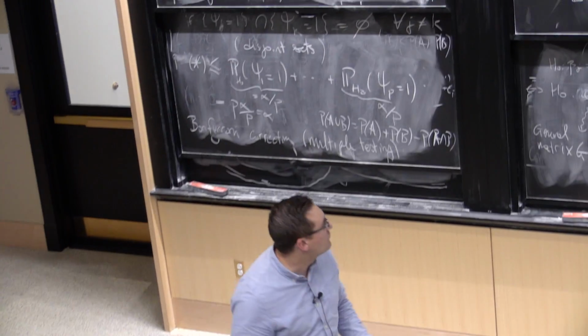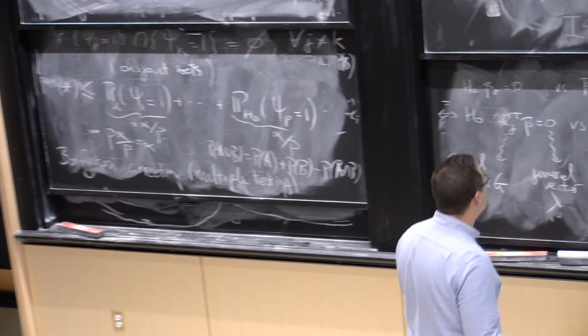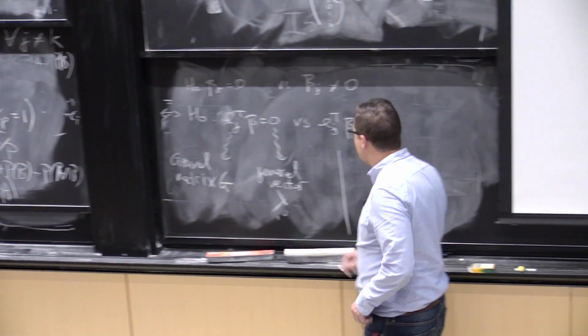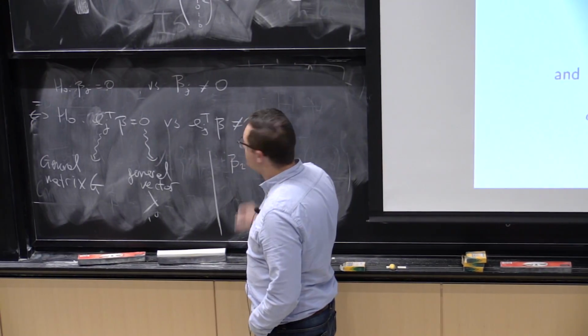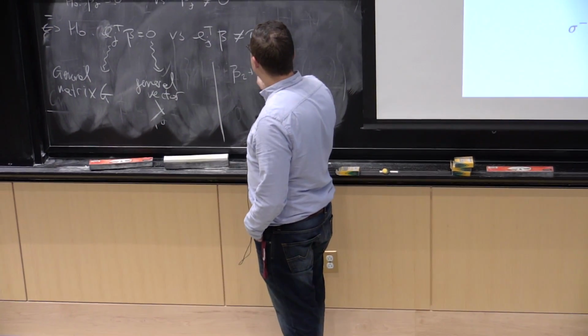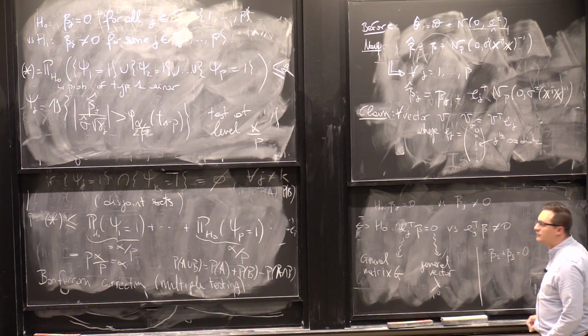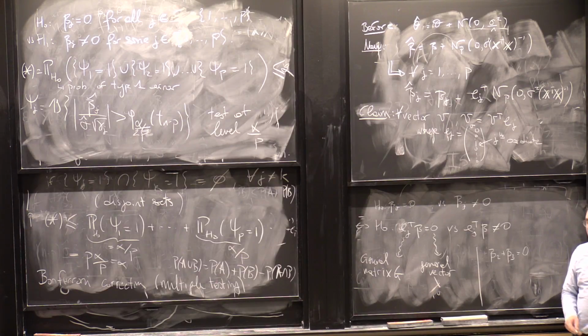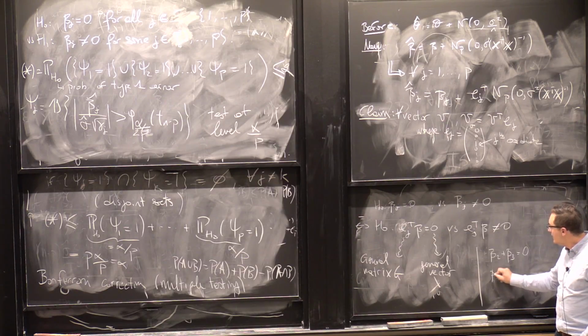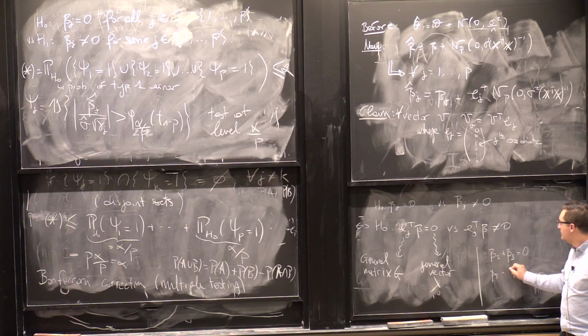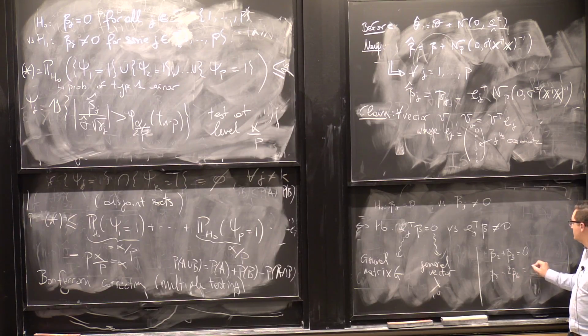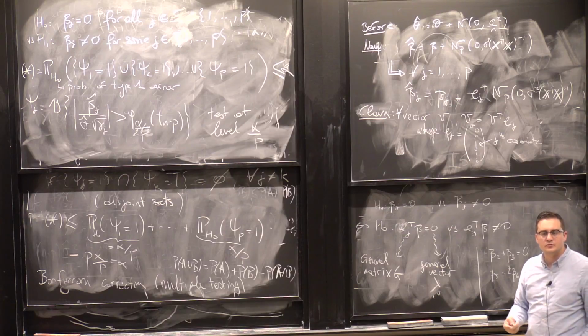Well, those are kind of weird tests, right? So you can think of things like, I want to test if beta 2 plus beta 3 is equal to 0, for example. Maybe I want to test if beta 5 minus 2 beta 6 is equal to 23. Well, that's weird. But why would you want to test if beta 2 plus beta 3 is equal to 0?